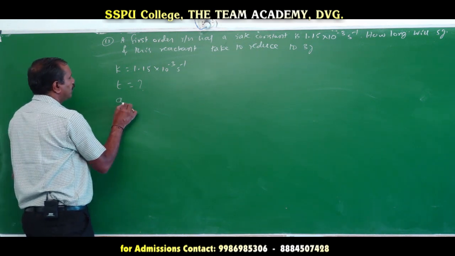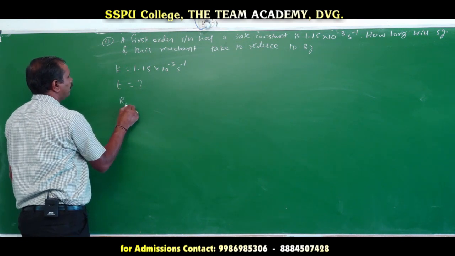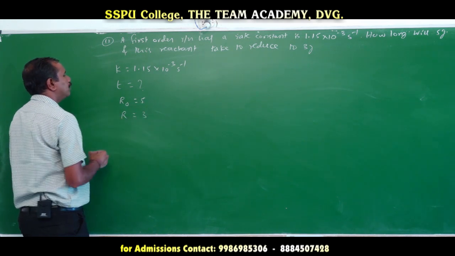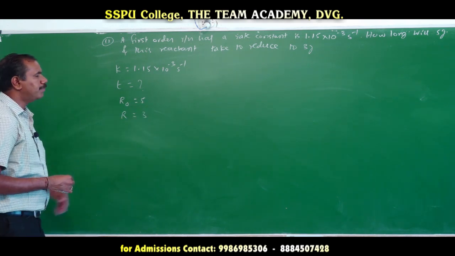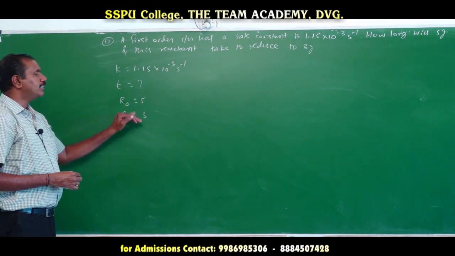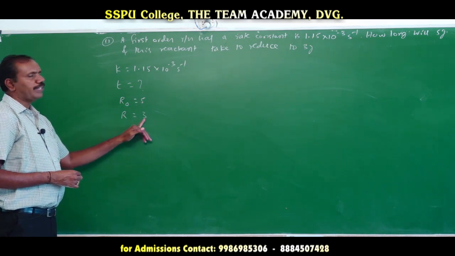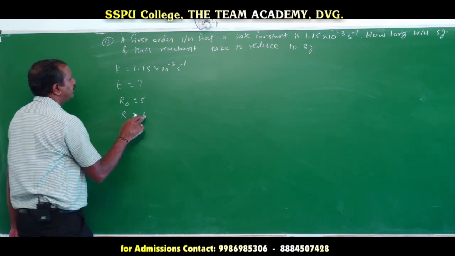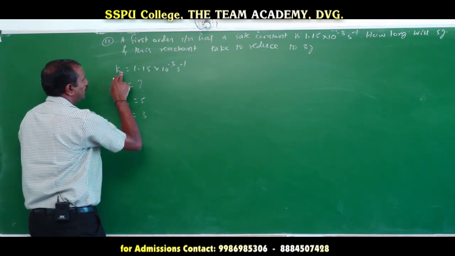The initial concentration is 5 gram, and the final becomes 3 gram. So R value is 3. I have to find out T, K is given.